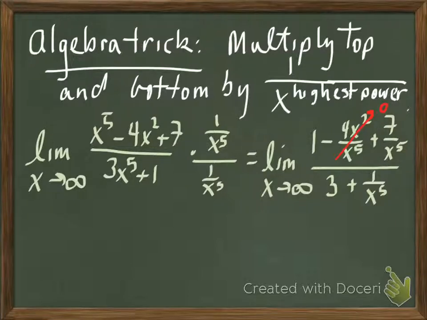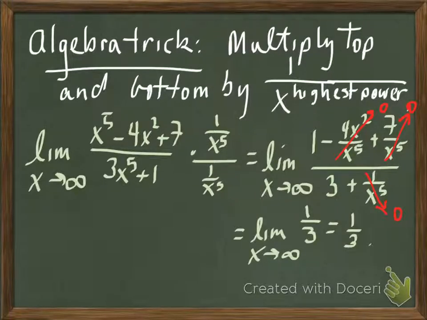Similarly, if I take 7 and start dividing it by something really big raised to the fifth power, that is going to be getting smaller and smaller, so that's going to go to 0. And by the same argument, 1 over x to the fifth is going to get really small as x gets big, so that's going to go to 0. So what I'm going to be left with is the limit as x goes to infinity of 1/3. There's no x in that expression, so that's just 1/3. So this limit as x goes to infinity of x to the fifth minus 4x squared plus 7 over 3x to the fifth plus 1 is equal to 1/3.